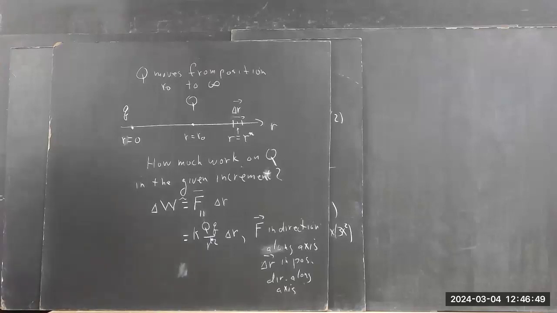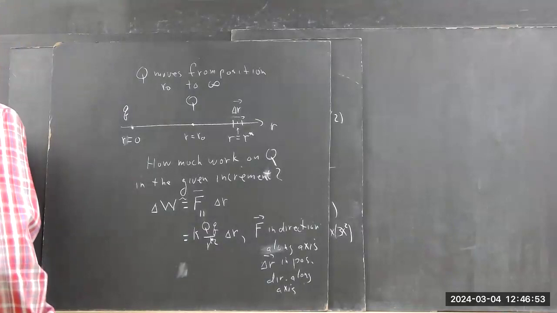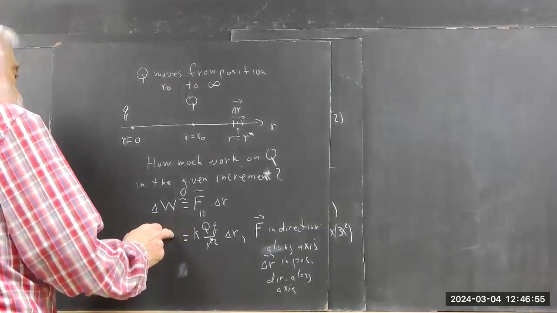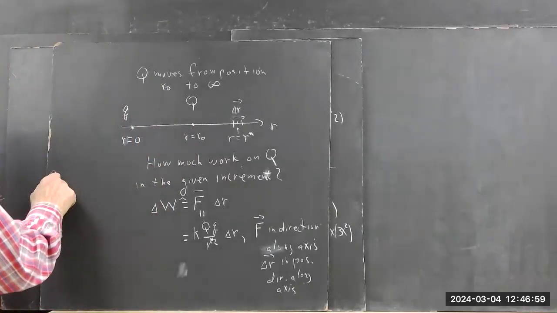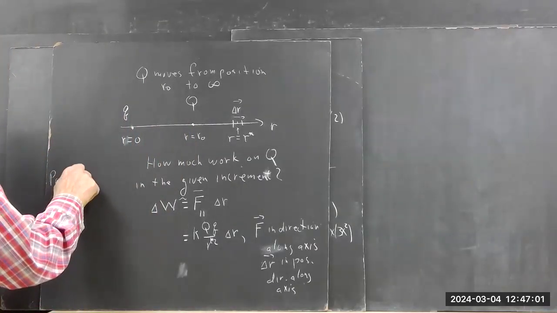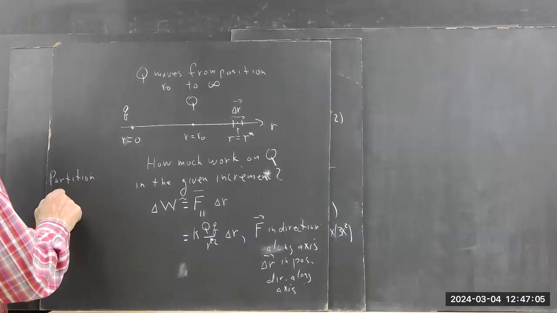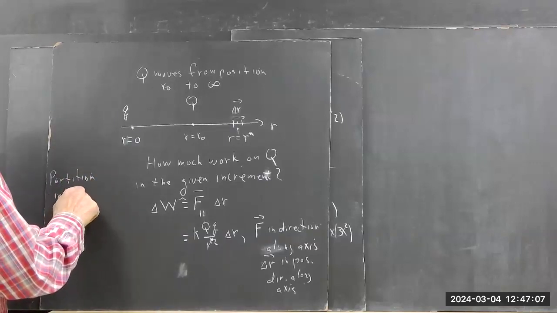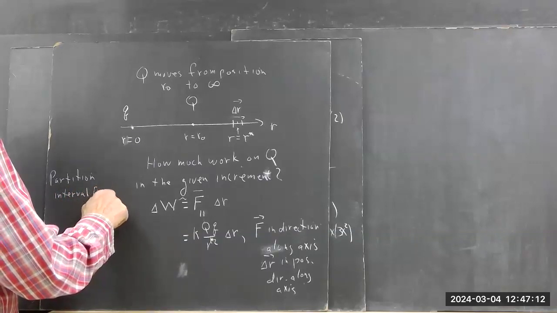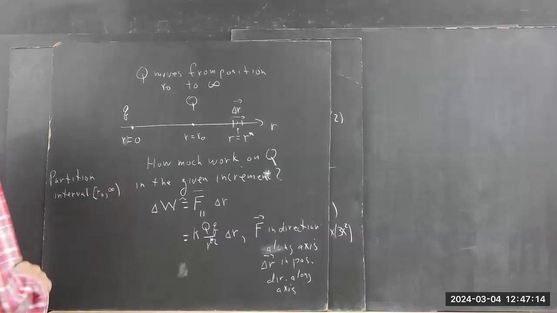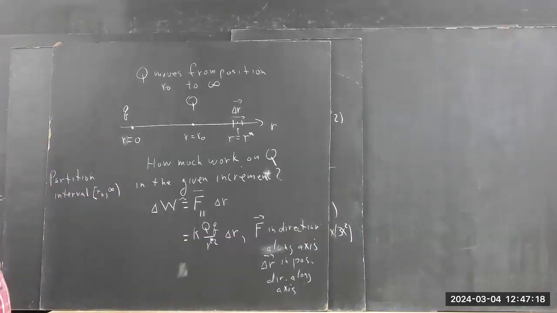on this interval, and that's where we use R star. Okay. Now, you need to be able to take this expression and think in terms of partition. Take partitioning the interval R naught to infinity.